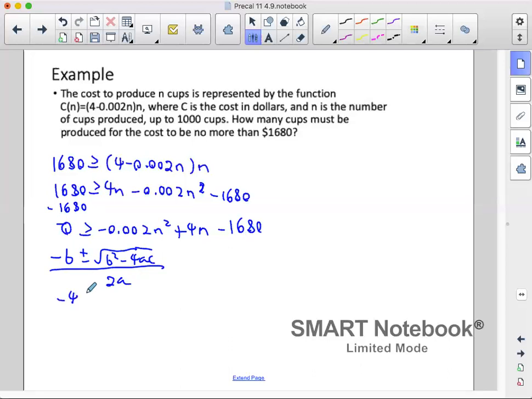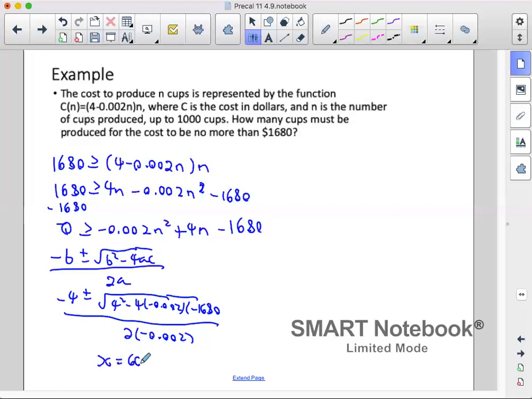So that'd be negative 4 plus or minus the square root of 4 squared minus 4 times our a value of negative 0.002 and our c value of negative 1680, divided by 2 times our a value. And doing our quadratic formula, that gives us n is 600 and 1400.